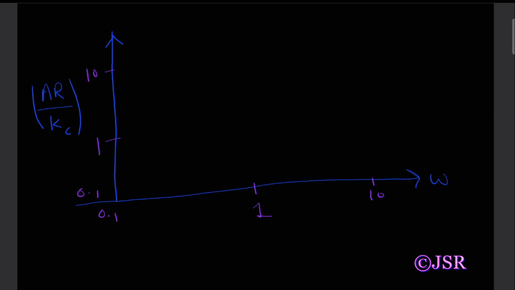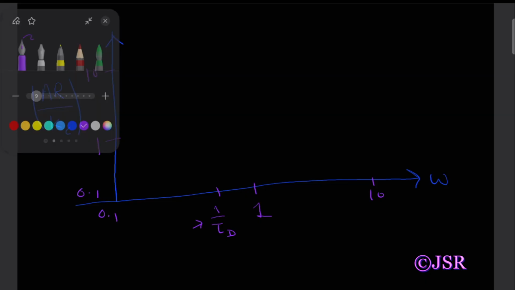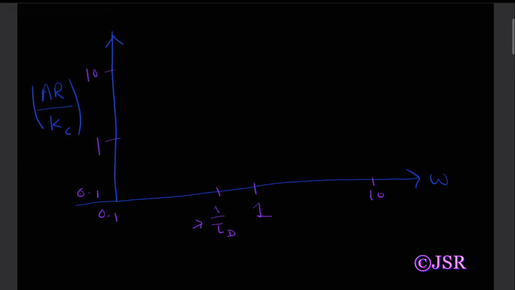And let's say this is 1 upon tau d, which is a corner frequency.